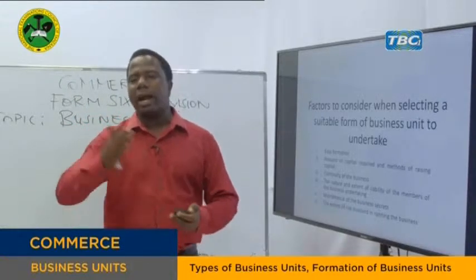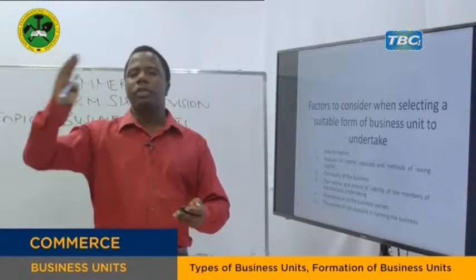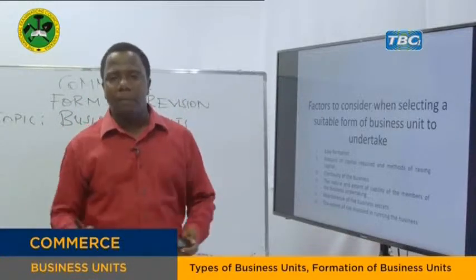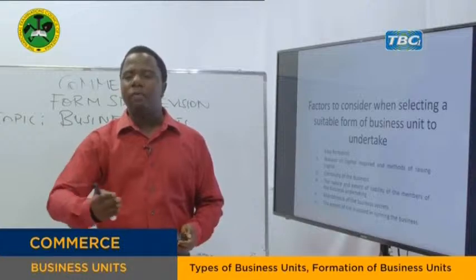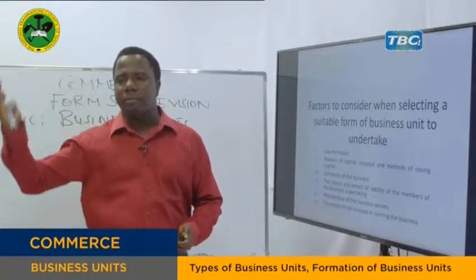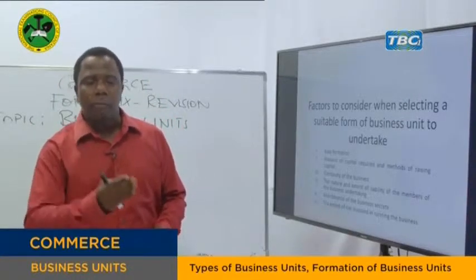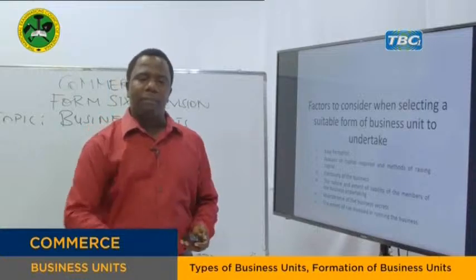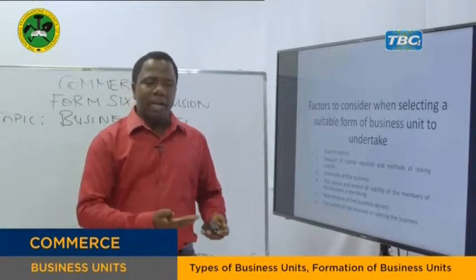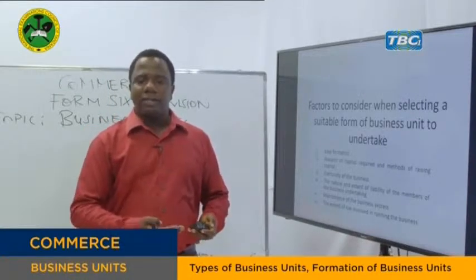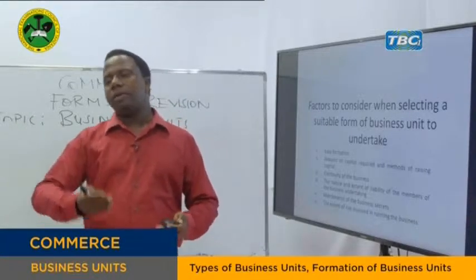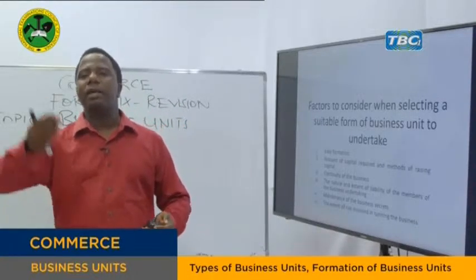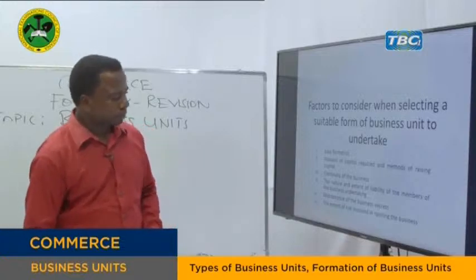For example, in a company, risks will be shared by many people. In a public company you can have even 100 members, but in a sole proprietorship only one person. So this person takes all the risk, but in public companies risks can be shared by a big number of people.